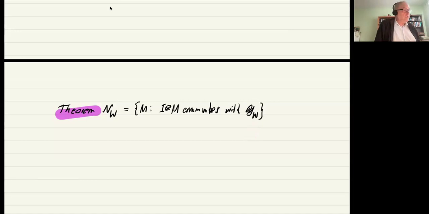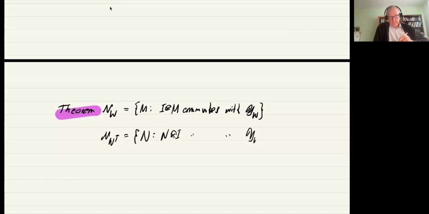And in fact, it's with the dual to this, or whatever you want to call it. And so we have a description of the Nomura algebra and a description of the Nomura algebra of the transpose.